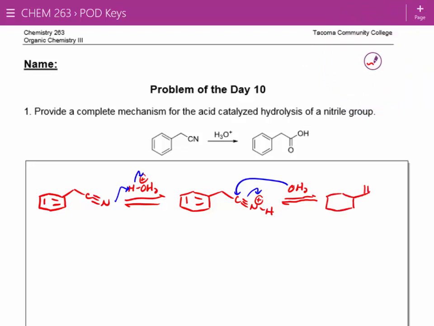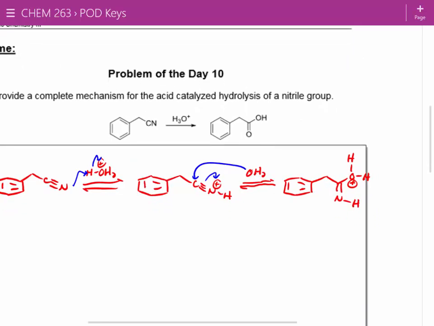So when we do this, we get what looks like an imine derivative. Oh, thank you. I am missing a carbon. Okay, so now we've got our imine derivative.